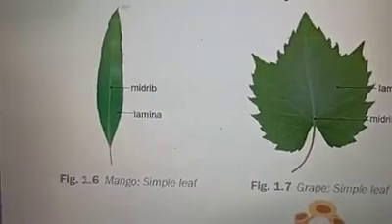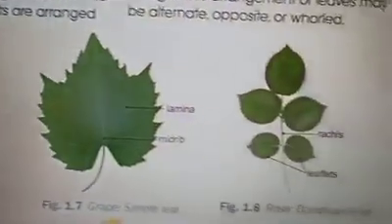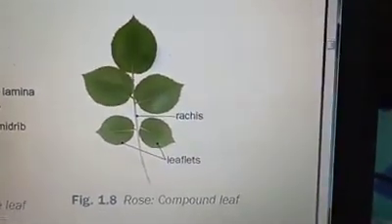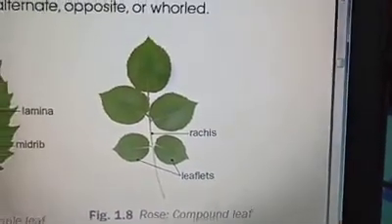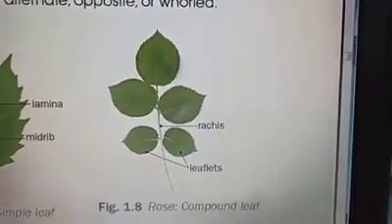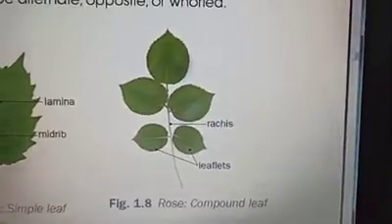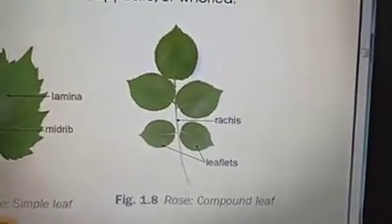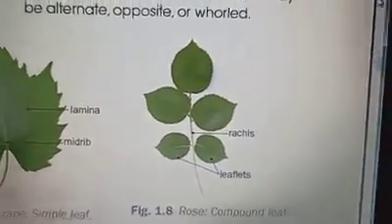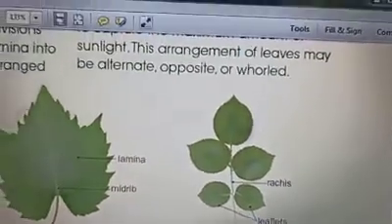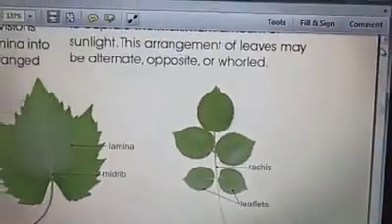Now the next type of leaf is the compound leaf. So what is a compound leaf? The lamina is divided such that the division reaches the midrib, breaking the lamina into smaller leaflets on both sides of the midrib. So the lamina is divided into leaflets.